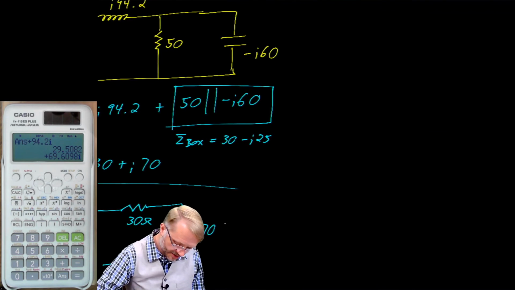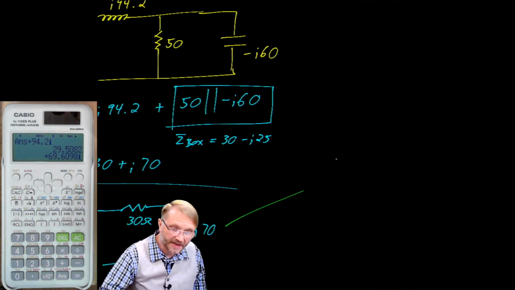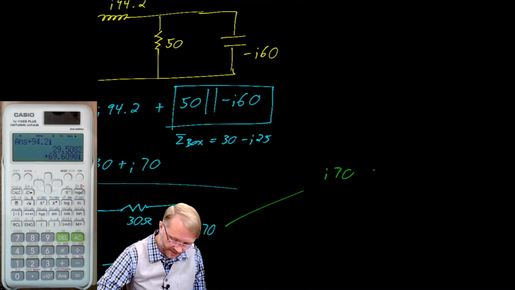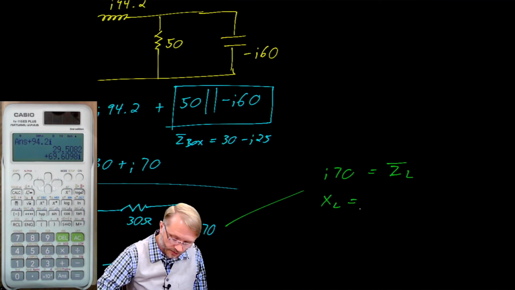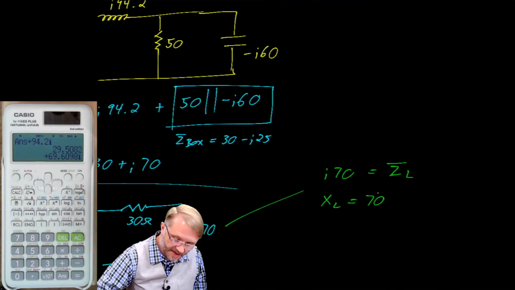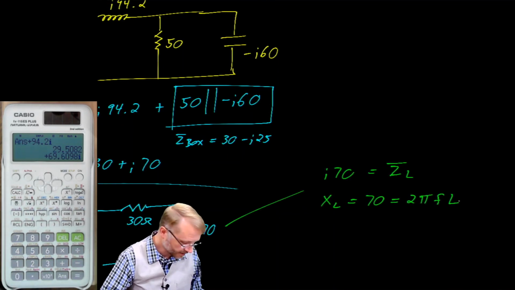While we're here, maybe we should work this backwards to find the actual value of that inductor. So this is j70, and we said that was the impedance of the inductor. The reactance of the inductor would simply be 70, and we know that the reactance of an inductor is 2πfL.